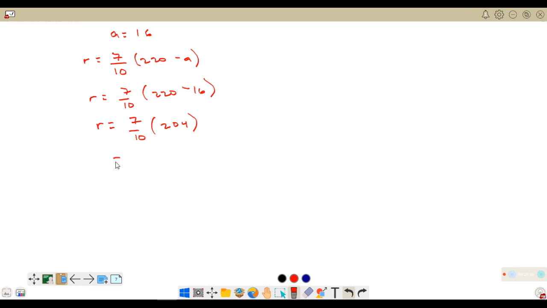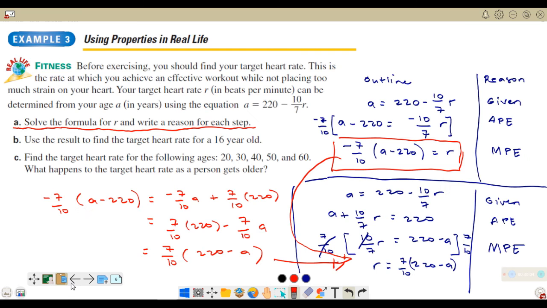After that, let's multiply 204 by 7 over 10. So you will end up with 142.8 as the rate R or the heartbeats per minute required to achieve optimum, anong tawag natin dun kanina? Optimum exercise or optimum workout. Yan.